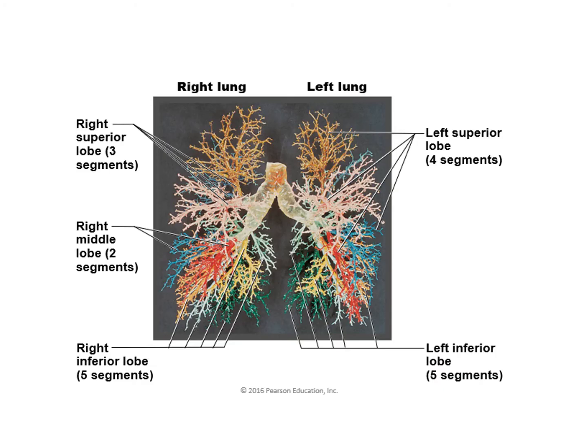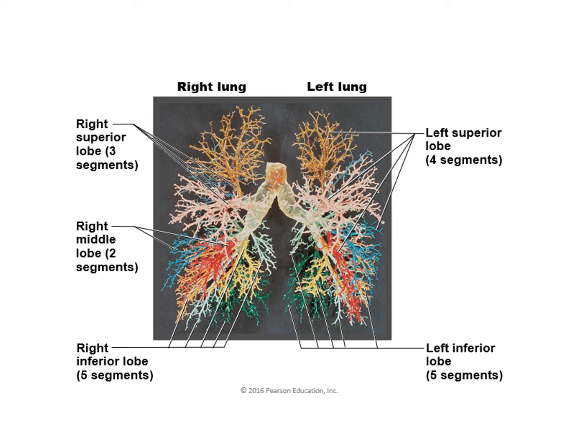So this slide here is just a colored schematic to help you better visualize the differences between the mainstem bronchi that go into the right and the left lung. So again, the mainstem bronchi are going to divide into the lobar bronchi, and then they divide again into the segmental bronchi that each are going to supply a bronchopulmonary segment.